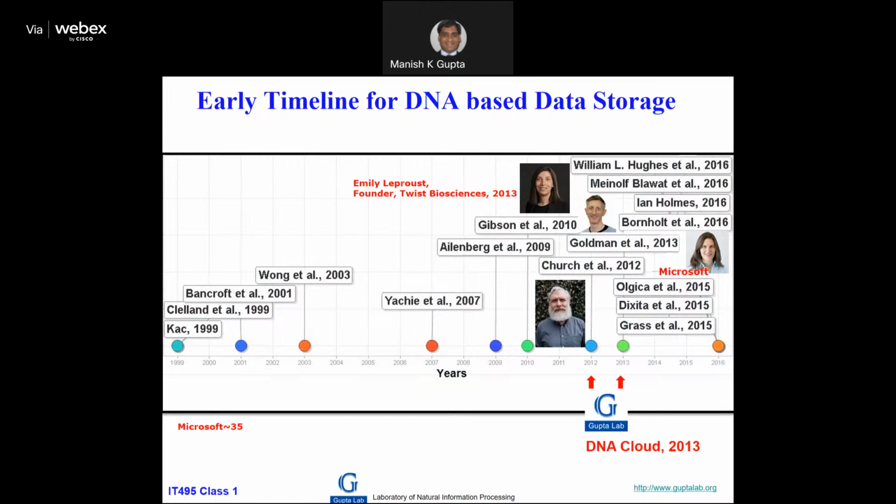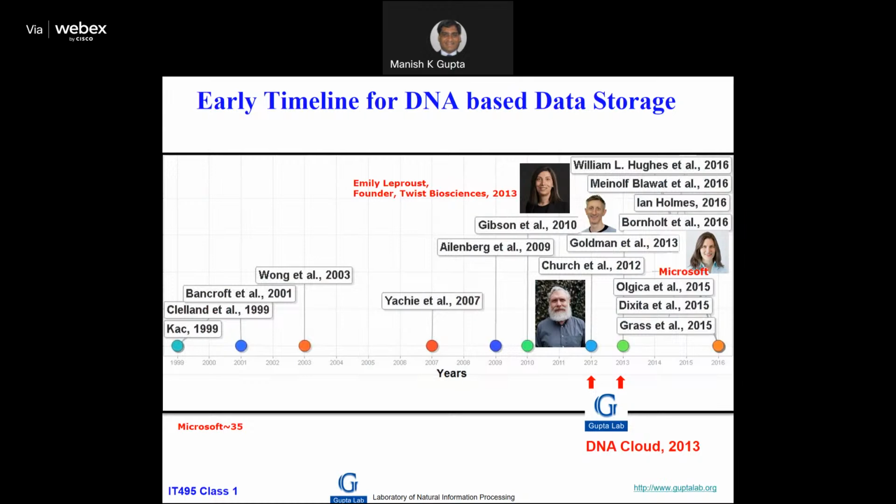This Church group in 2012 did the first work where they demonstrated storing data into DNA and retrieved it successfully. But error correction was done manually. There was no algorithm used in his paper. Almost at the same time, Nick Goldman, who was working with Emily, now the founder and CEO of Twist Biosciences, did related work.